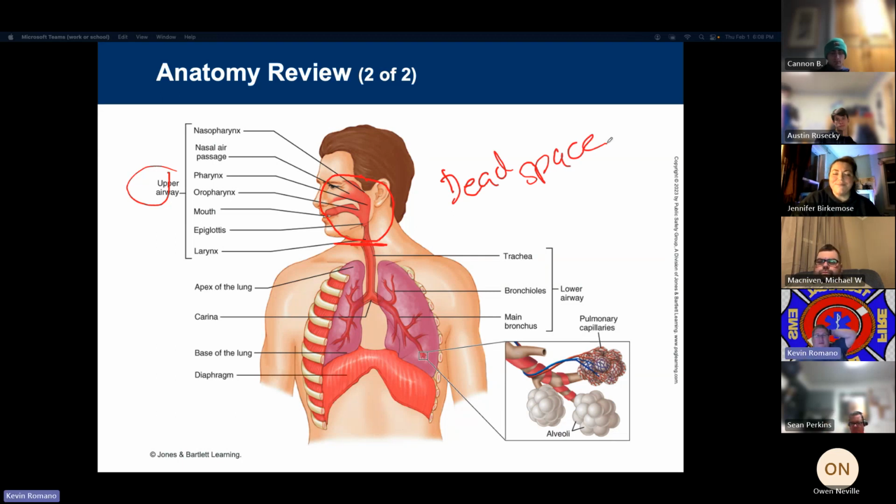So dead space, right? So in that area, there is no CO2, right? That's why we don't get that reading. The CO2 comes from down here in that exchange.